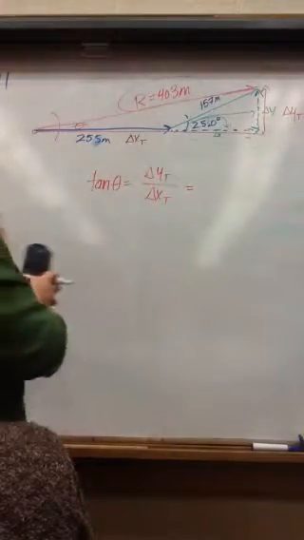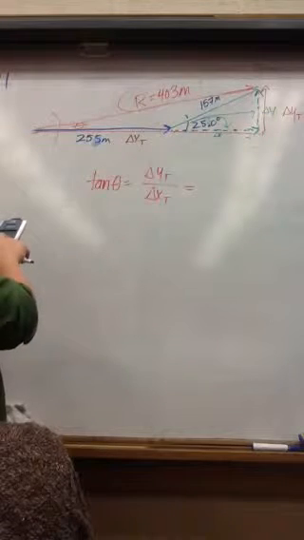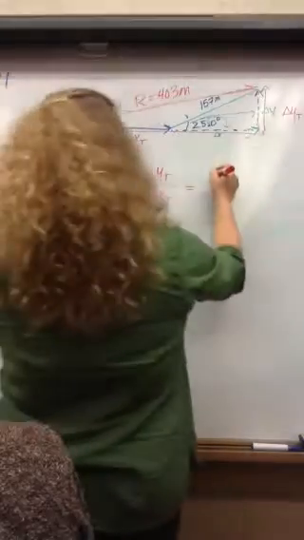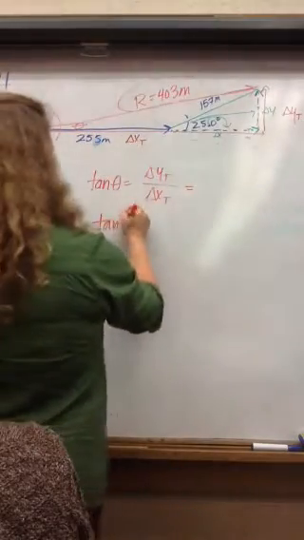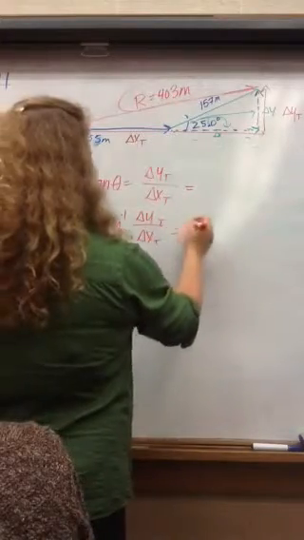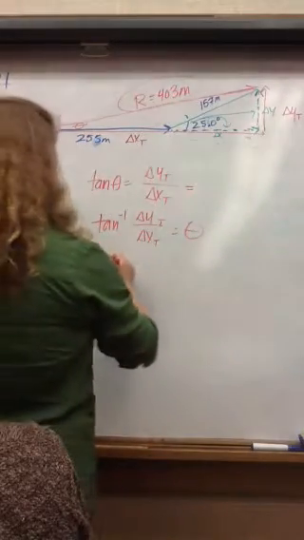So our delta y total was 66. So tan minus 1 of delta y total over delta x total should give us theta.